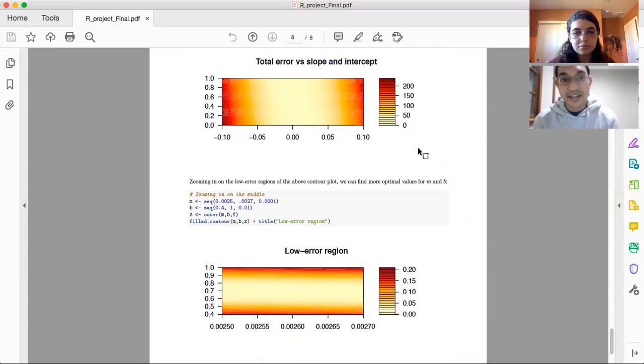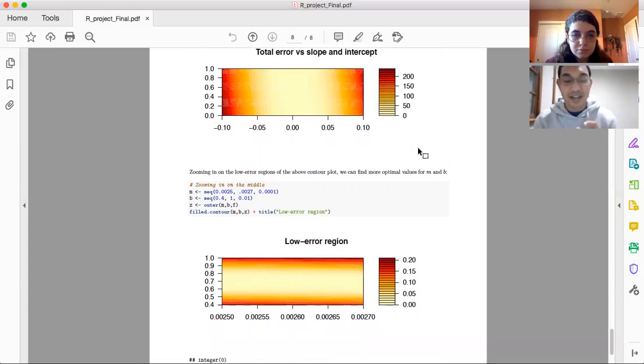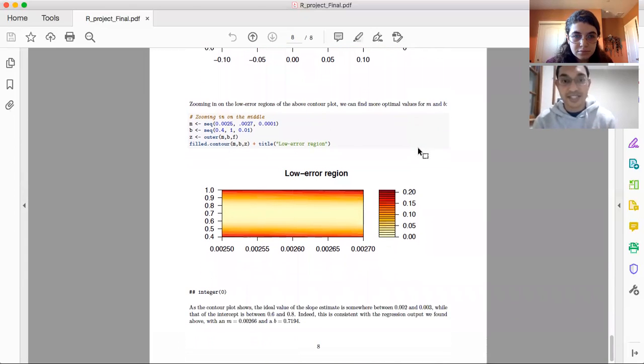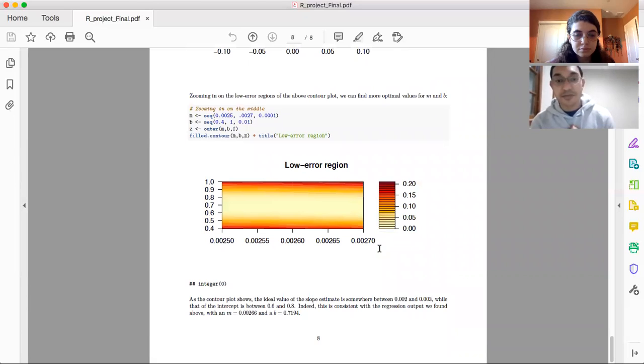So you can see that the error is low for values of m between -0.05 and 0.05, so the slope will be somewhere there. And then zooming in on the lightest yellow low error regions in the second plot, we see that the ideal values for the slope parameter will be somewhere between 0.002 and 0.003, and the ideal value for the intercept will be somewhere between 0.06 and 0.08.